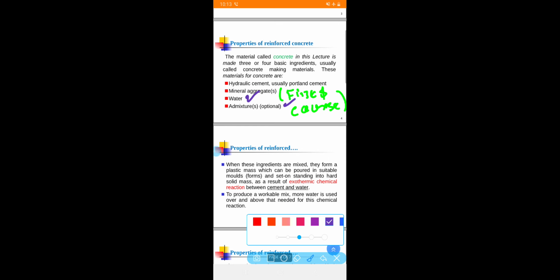So right now we see the Portland cement, which contains fine aggregate and coarse aggregate, and water. It may also contain admixture when needed.